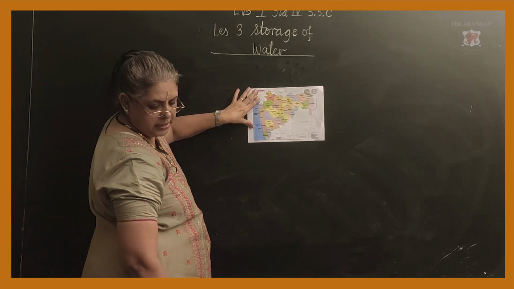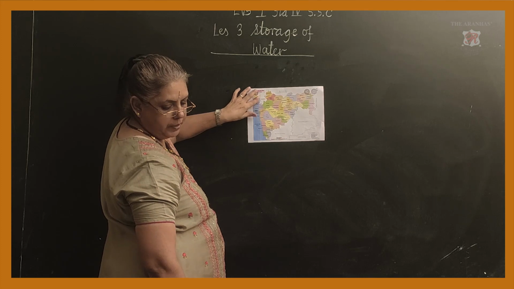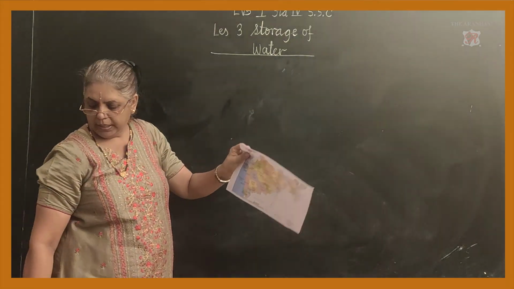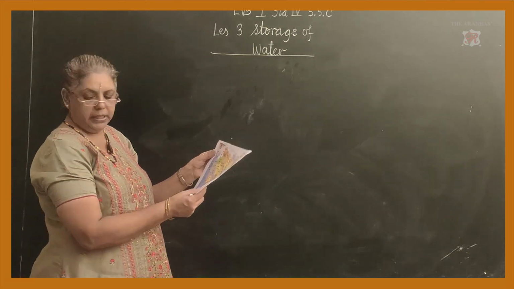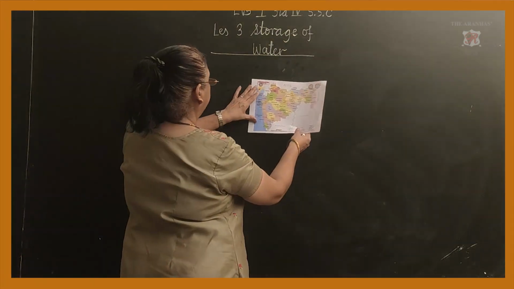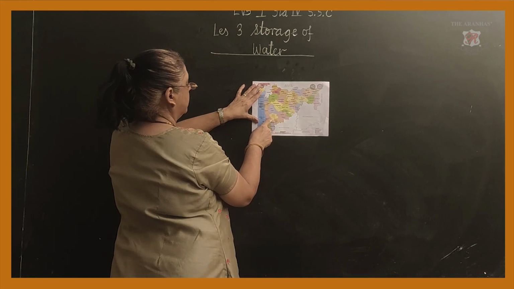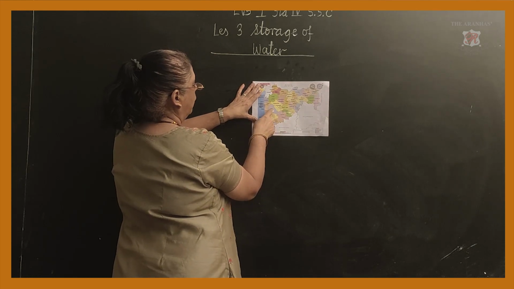The next one is Koyna. Koyna Dam is built on river Koyna in Satara district. Where is Satara? Satara is here, below Pune.